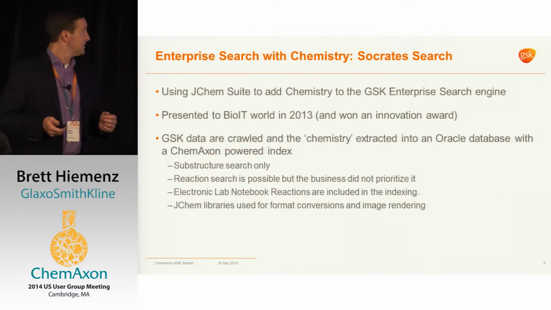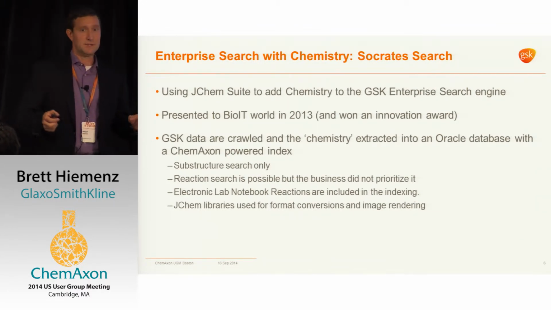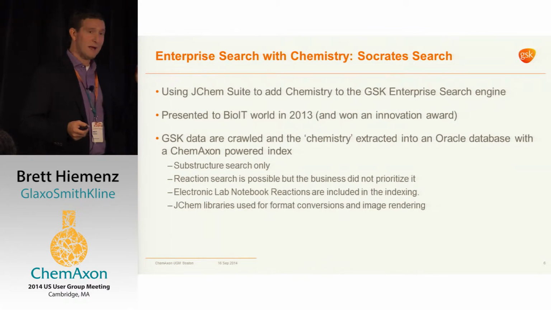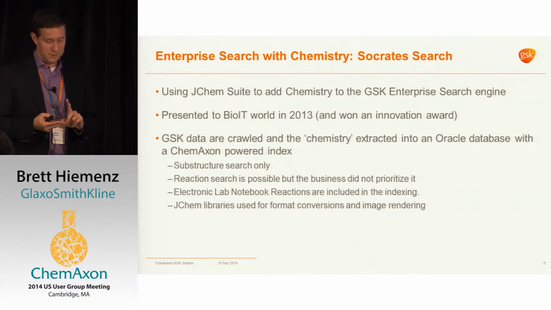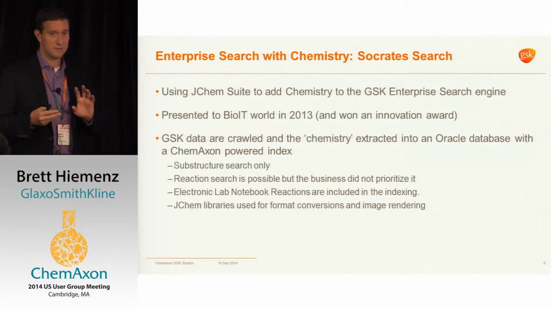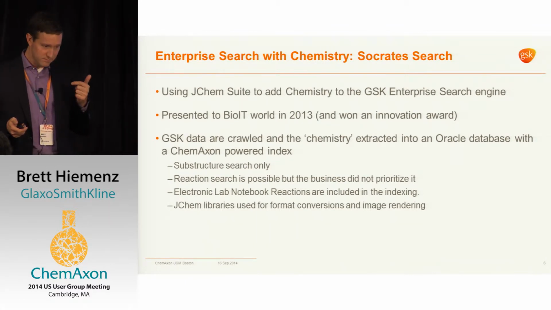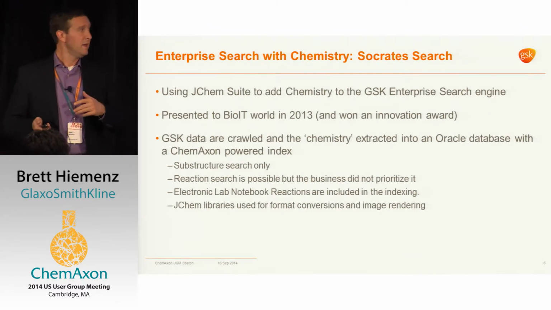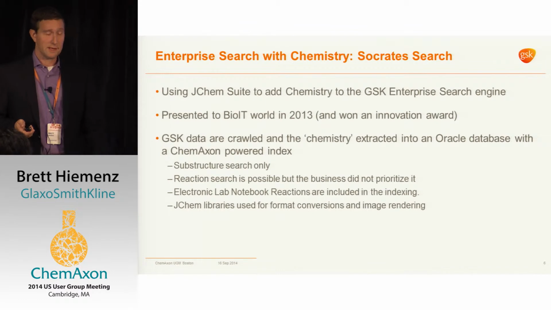Essentially, the system crawls all the major repositories throughout GSK using an HP autonomy search engine, and then extracts pieces of information there, chemistry, genetics, target, all sorts of different annotations or pieces from the databases, the files, from Documentum repositories, SharePoint, and pulls them into an Oracle database with a ChemAxon-powered index.